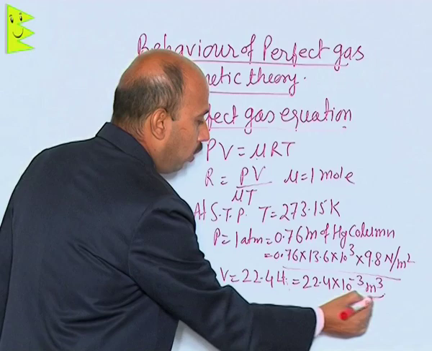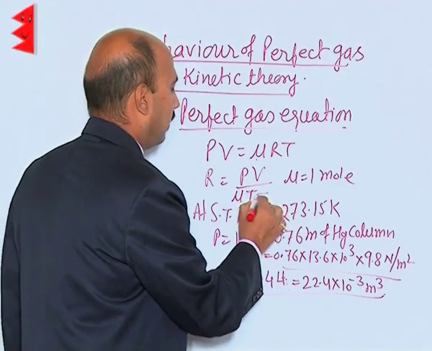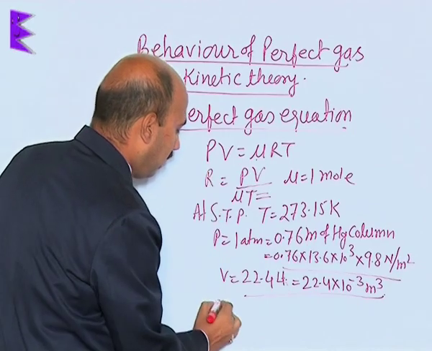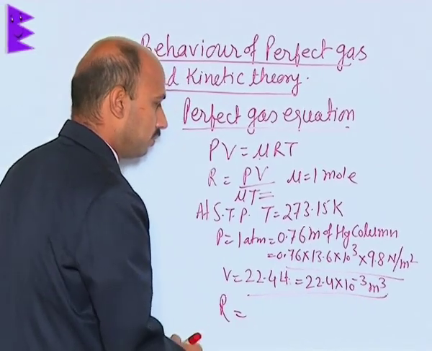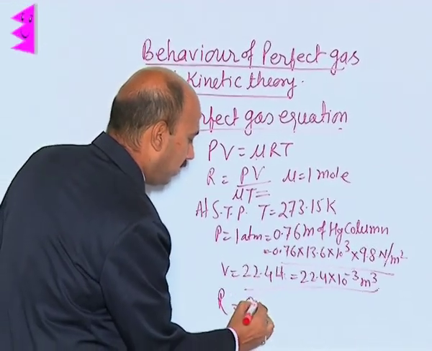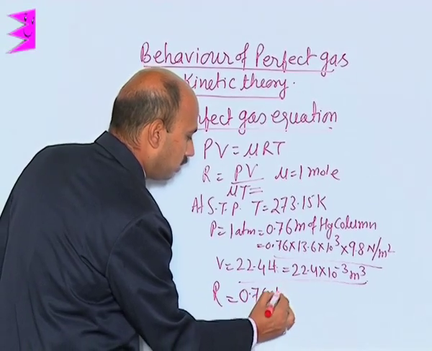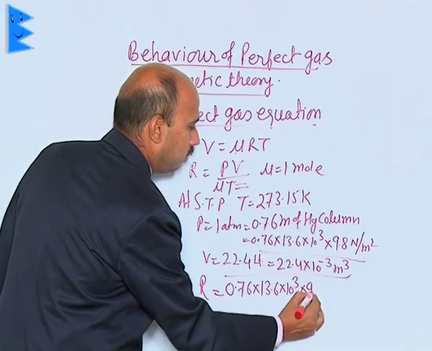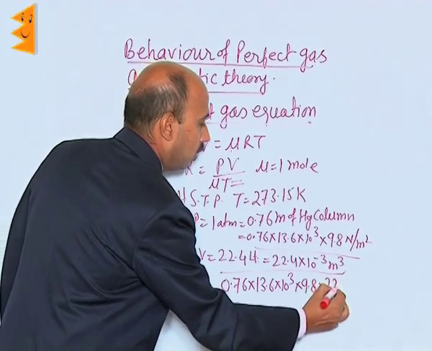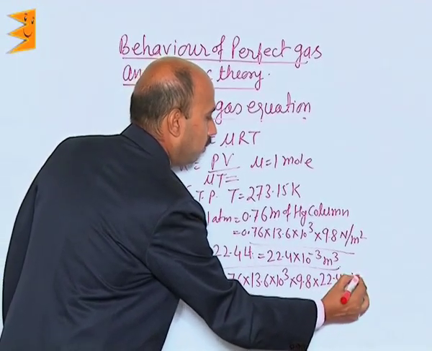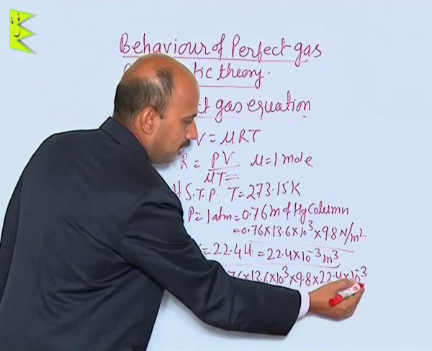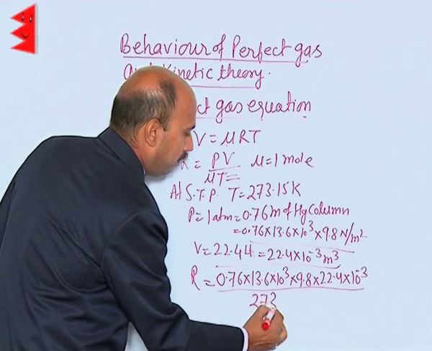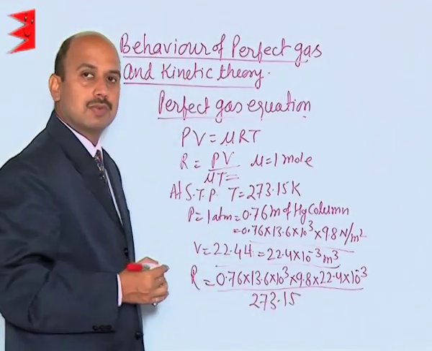If you put all these values in this equation, you will get R is equal to 0.76 into 13.6 into 10 raised to power 3 into 9.8 into 22.4 into 10 raised to power minus 3 divided by 273.15.